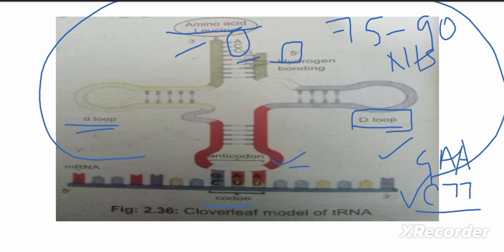And there is one transfer RNA molecule for each of the 20 amino acids, and 60 transfer RNAs have been found, and human cells contain almost 45 different kinds of transfer RNA molecules. So these transfer RNA molecules transport a specific amino acid from the cytoplasm to the surface of the ribosome for the synthesis of protein.